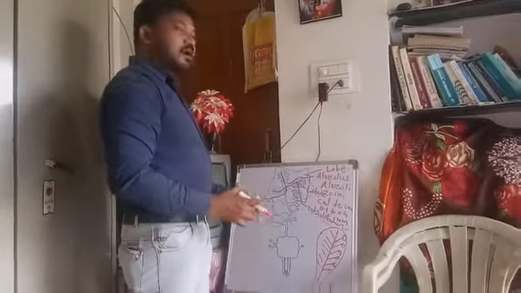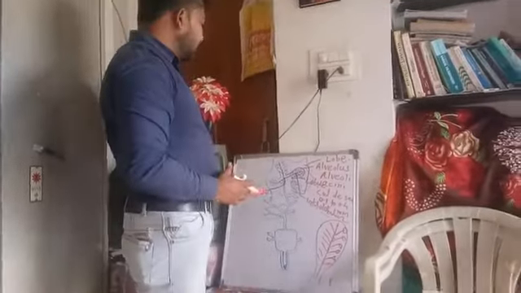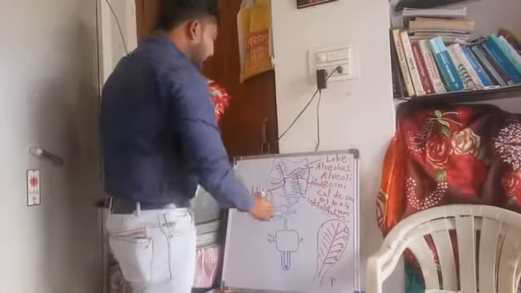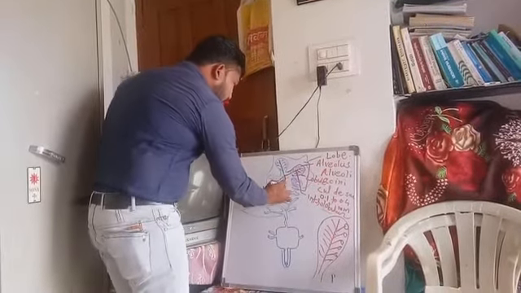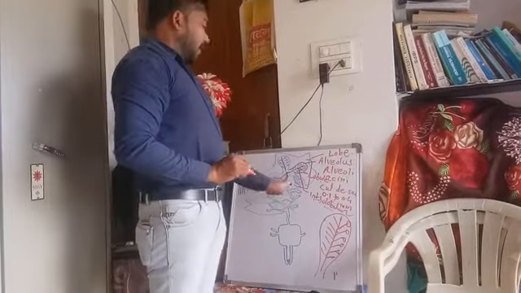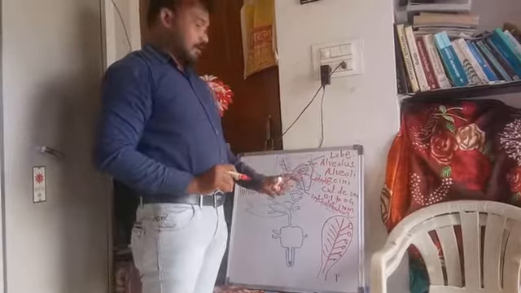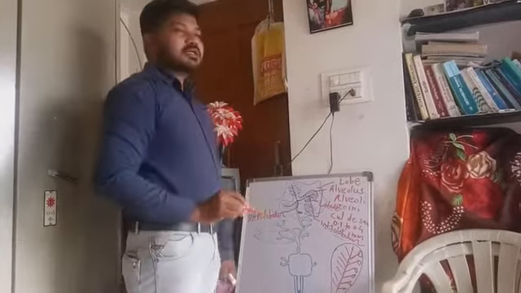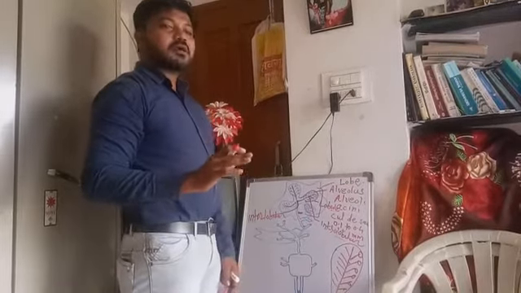So the interlobular duct collects all the milk from the intralobular ducts, and again there is a formation of one larger duct here. This is called an intralobar duct, and when this duct joins here, it is called an interlobar duct.